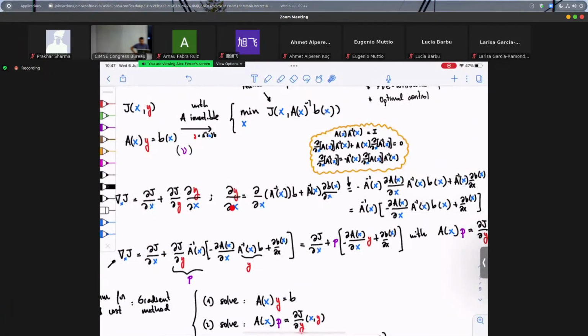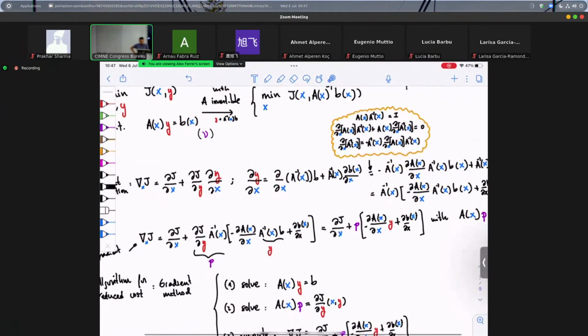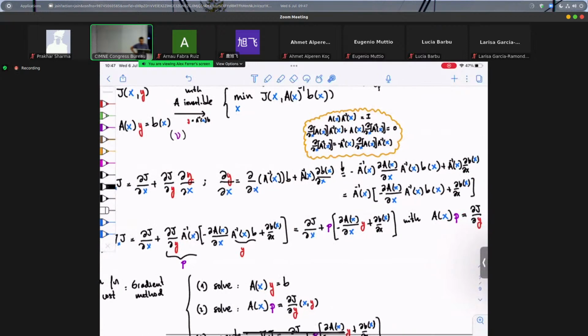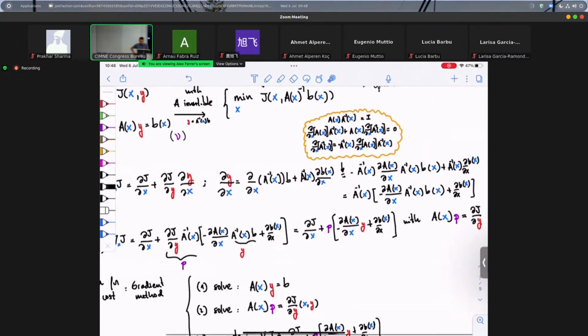Since y is A^-1 times b, the derivative of y with respect to x is the derivative of A^-1 times b, plus A^-1 times the derivative of b with respect to x. Usually b does not depend on x, but I put it in general.